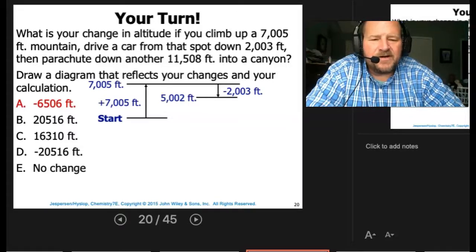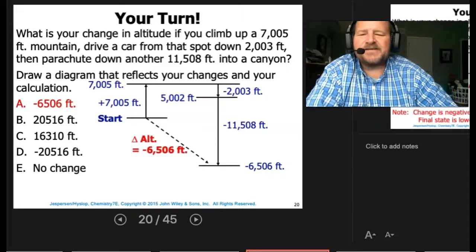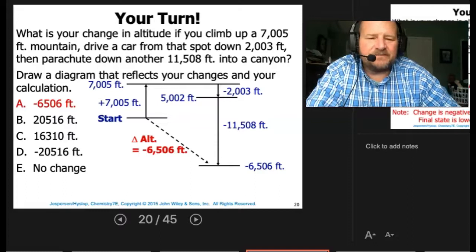Then you harnessed up in a parachute and jumped. And you went 11,508 feet into the valley, which puts us at negative 6,506 feet from where we actually started. So your change in altitude was actually negative 6,506 feet.